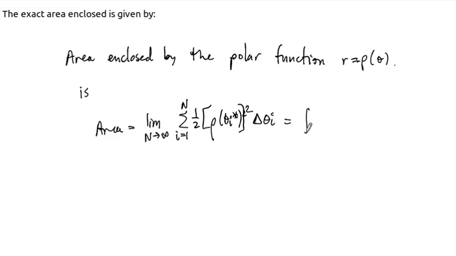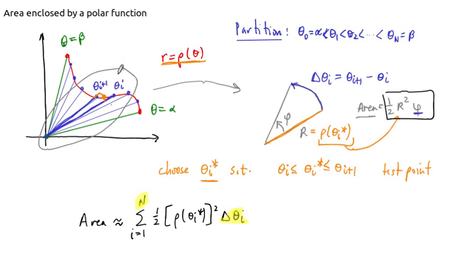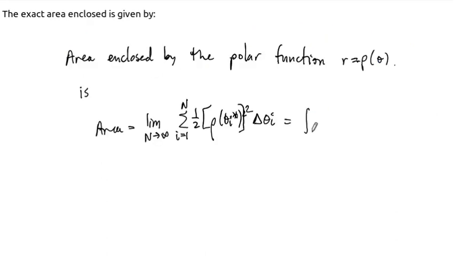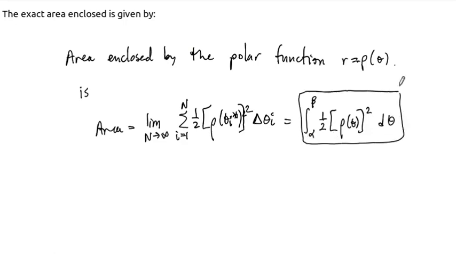Remember our boundaries in the theta direction were these green angles alpha and beta. So it's the integral from alpha to beta of 1/2 rho of theta, the function, quantity squared, d theta. So this is our area integral in polar coordinates.